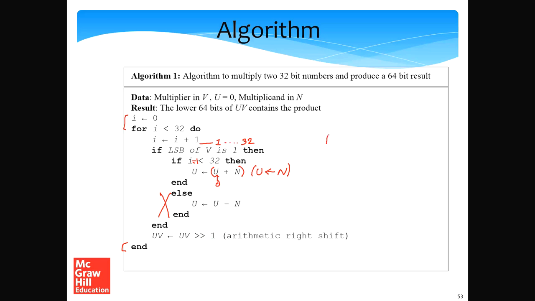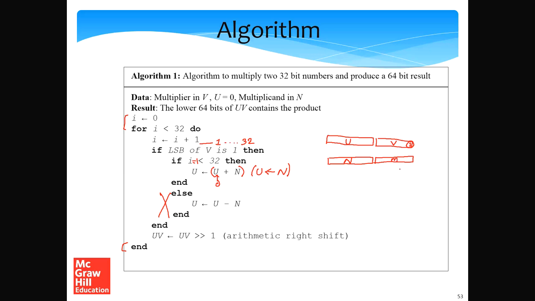So let's see what's happening. Initially we have the register U and the register V, and the register V contains the multiplier. Let's say that this bit is 1. If this bit is 1, then the multiplicand occupies register U, and register V will contain the multiplier.